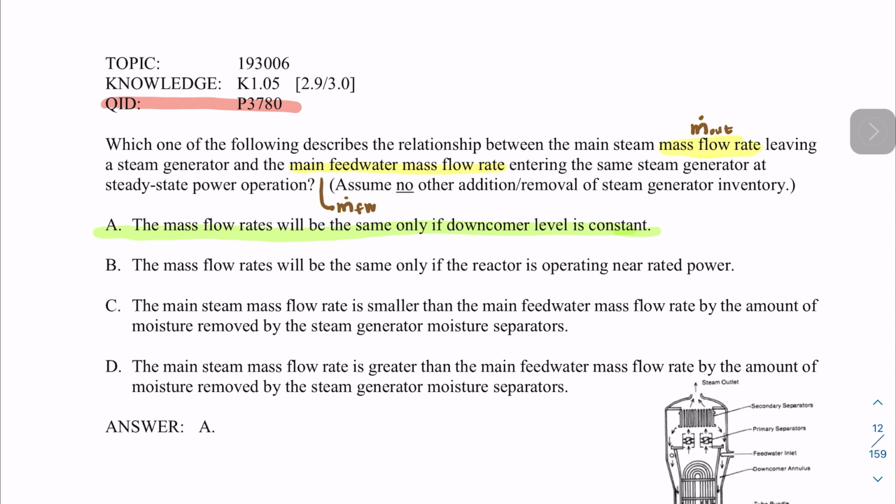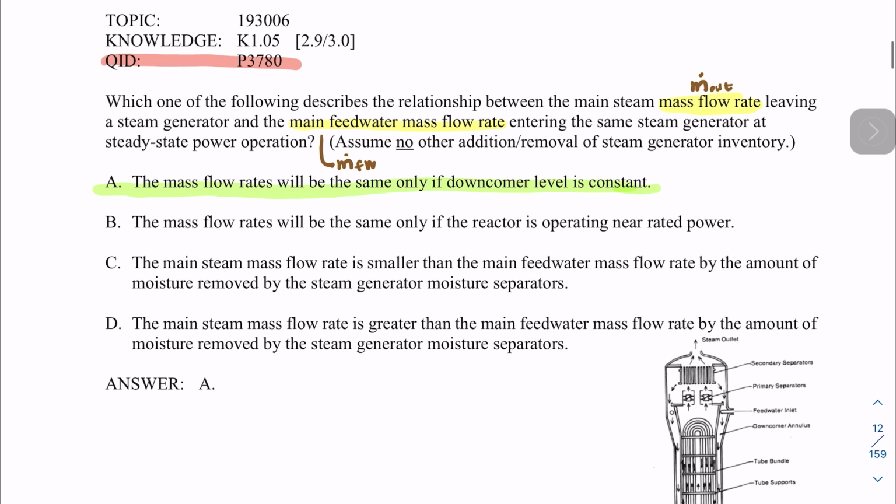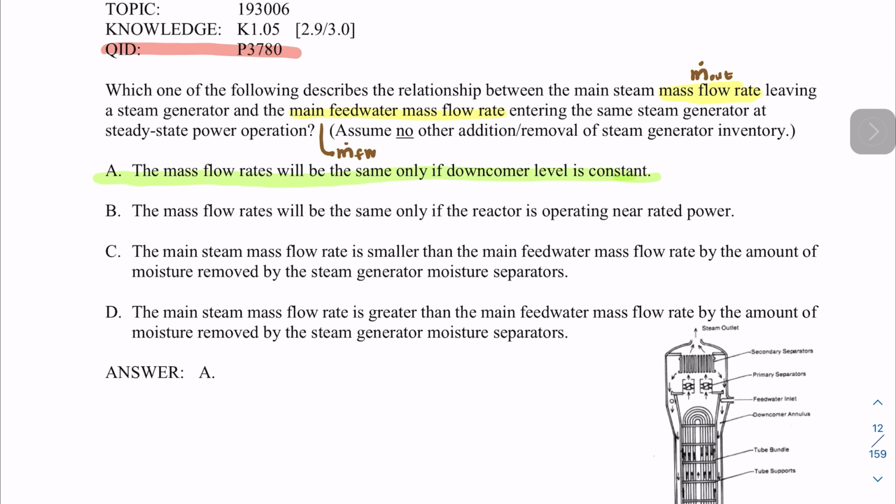It says, which one of the following describes the relationship between the main steam mass flow rate leaving the steam generator and the main feed water mass flow rate entering the same steam generator at a steady state power operation? Remember what we talked about steam generators, right?